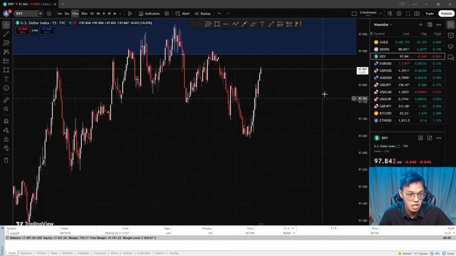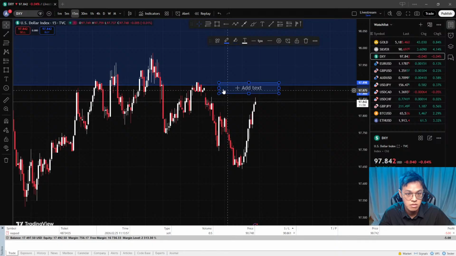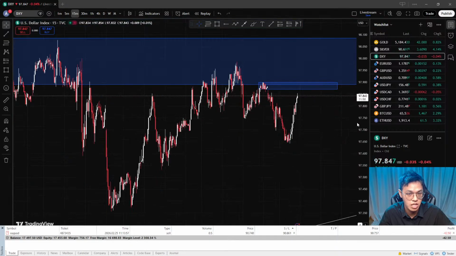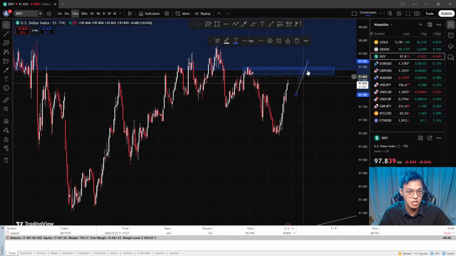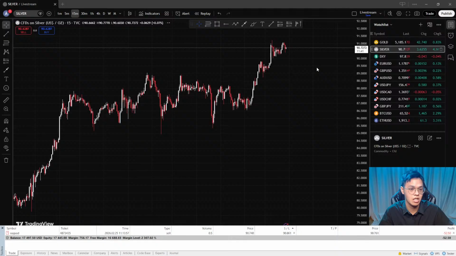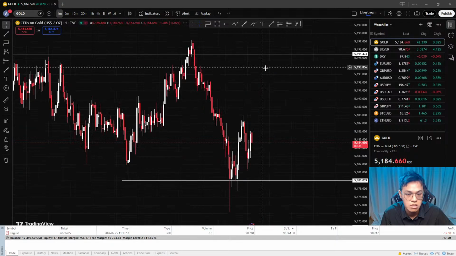If the price can break this resistance level later on, I think the USD will spike, and then I think other risky assets will dump again. So there's a signal here.